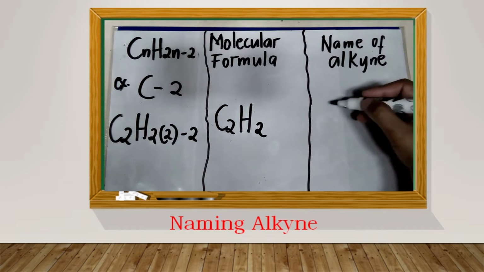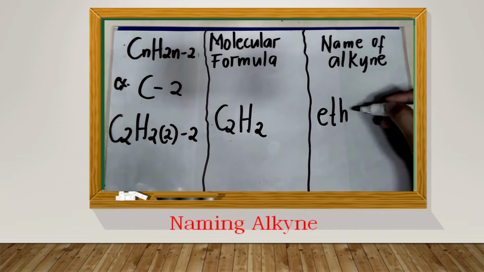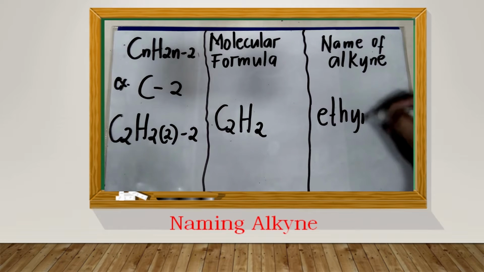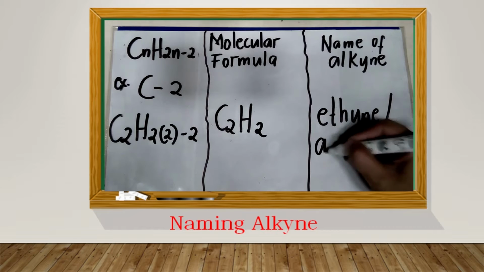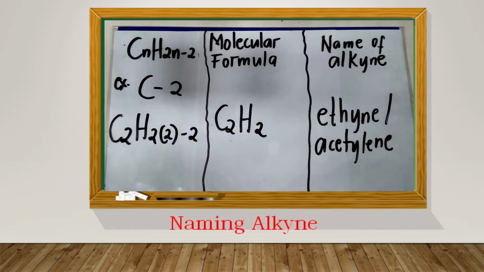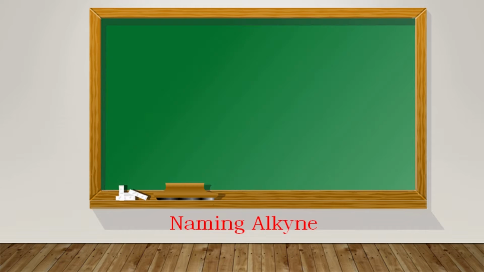Since there are two carbon atoms, the stem of an alkane is eth. Just add -yne because we're talking about an alkyne. So the name will be ethyne, also known as acetylene. Ethyne or acetylene is the simplest alkyne, the substance that gives a very high temperature when burned in an oxyacetylene torch, a device used in welding.